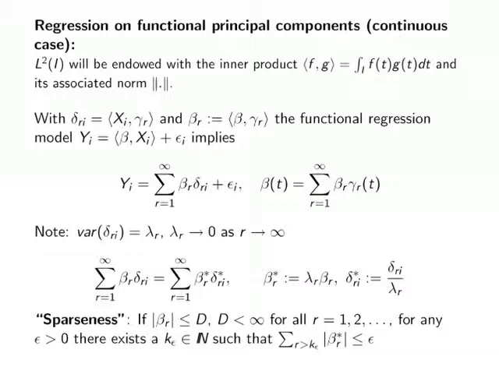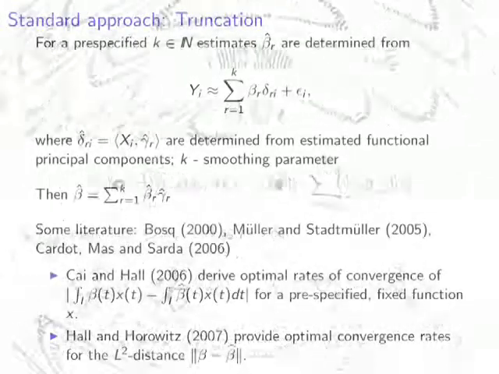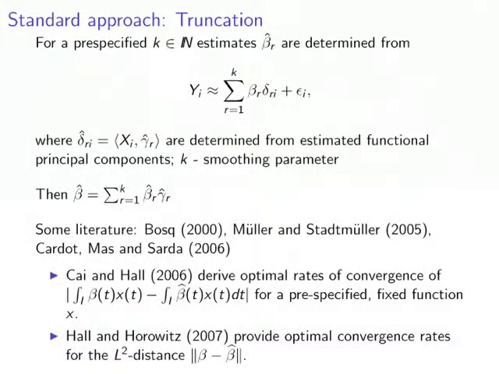And so the usual approach to estimate in this context, which is used by quite a lot of people in functional regression, is to use principal components. That means estimated principal components, of course, from the empirical covariance operator. You don't know the truth, which are determined from this type of model, where you just don't go to infinity but to a fixed number k.